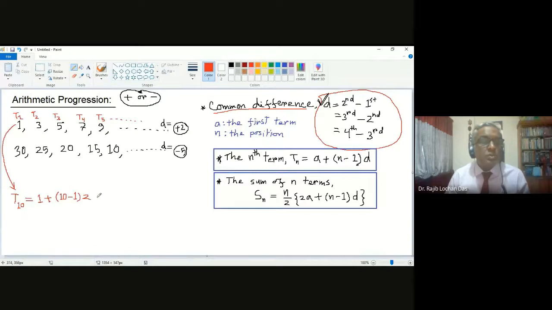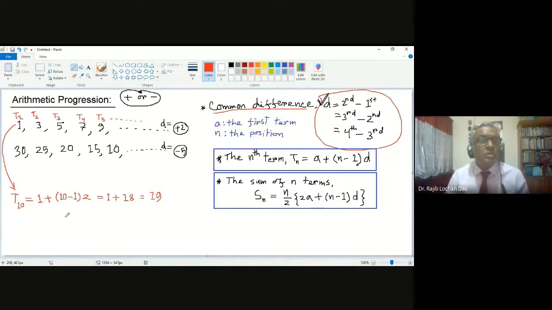So you have 1 plus 9 into 2, which means 1 plus 18. So it is 19. The number in the 10th position will be 19. This is how you calculate T10.